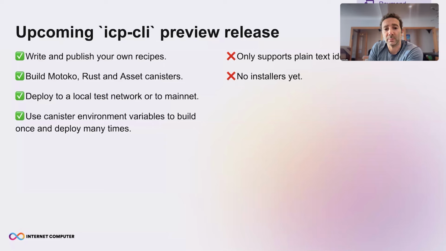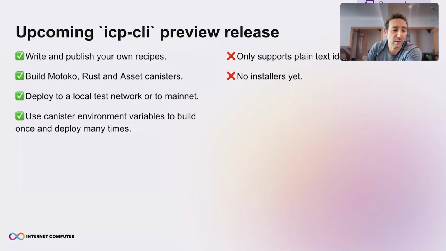You'll be able to build Motoko, Rust, and asset canisters off the bat, deploy them to a local test network or to mainnet. And you also use this new feature of canister environment variables so that you can build once and deploy multiple times.